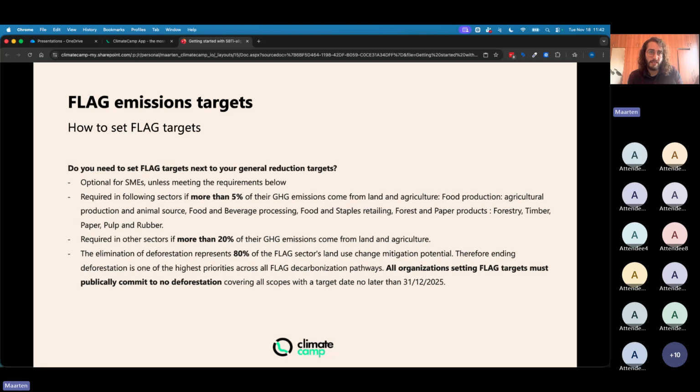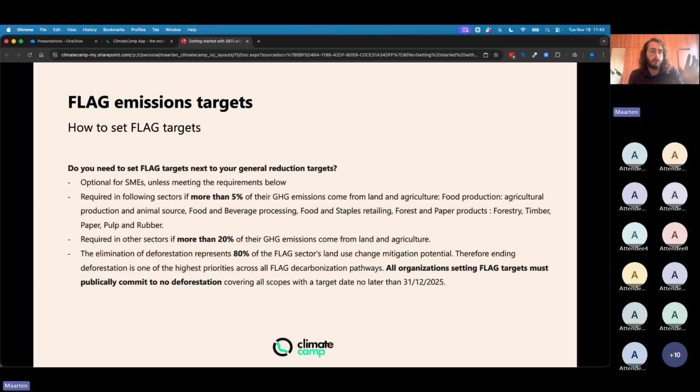It's also required in other sectors if more than 20% of their GHG emissions come from land and agriculture. So these are the requirements when you need to set FLAG targets. And an additional nuance, I mentioned before, deforestation is a lot of the impact within FLAG emissions. So the elimination of deforestation is a primary objective for setting FLAG targets.